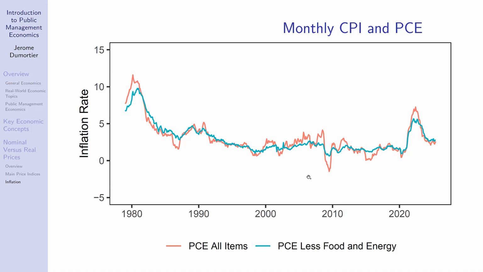And you can see that there were time periods, especially in the early 2000s, where you had significant fluctuations associated with the PCE including food and energy, and that when you exclude food and energy, the PCE is much smoother.